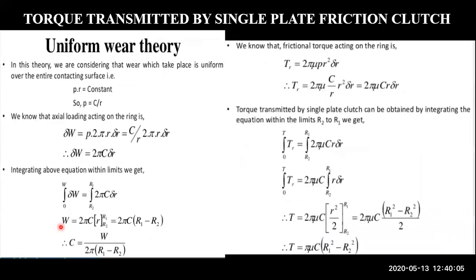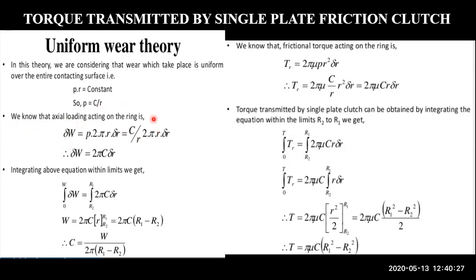The same thing happens when you go for the uniform wear theory. In the wear theory, P into R, that is the wear force, pressure into radius, is constant. So P is equal to a constant C divided by R. We'll keep this and then define the same thing.